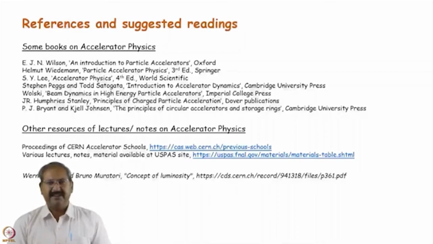Then we saw three types of different accelerators, namely synchrotron radiation sources, proton synchrotrons for spallation sources, and a little bit of colliders. In these three accelerators, we picked one particular parameter in the lecture, and we concentrated our lecture around that parameter.